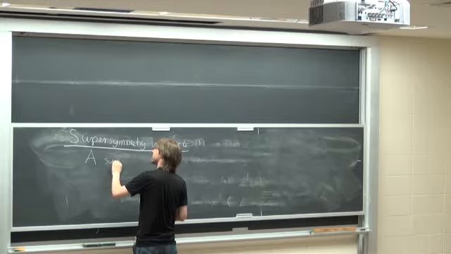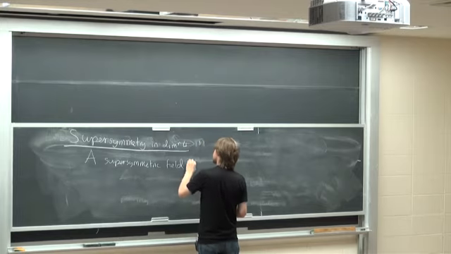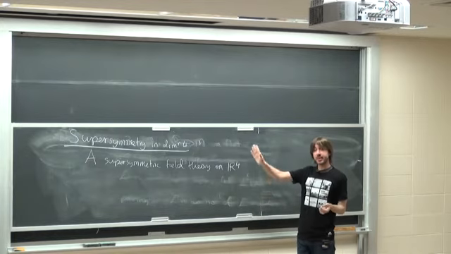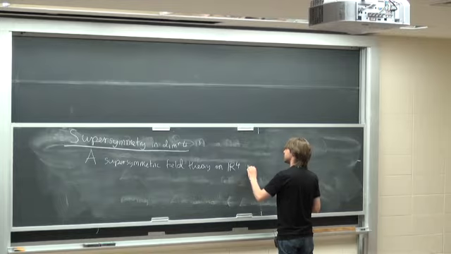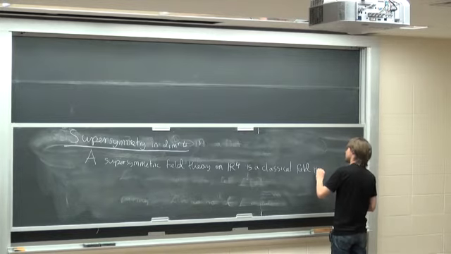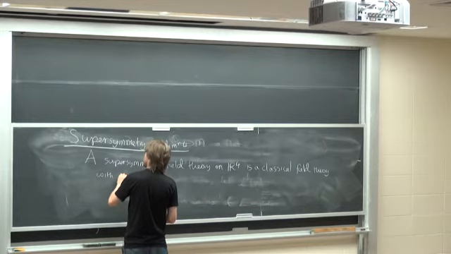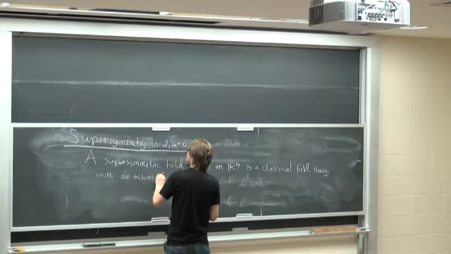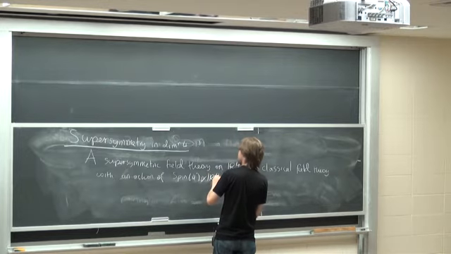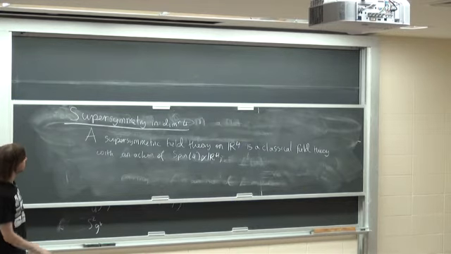So a supersymmetric field theory on R^4 is a field theory, a classical field theory in the sense we defined, with an action of Spin(4), of course, but also this is just what you would expect for any field theory on R^4 that a physicist would like.